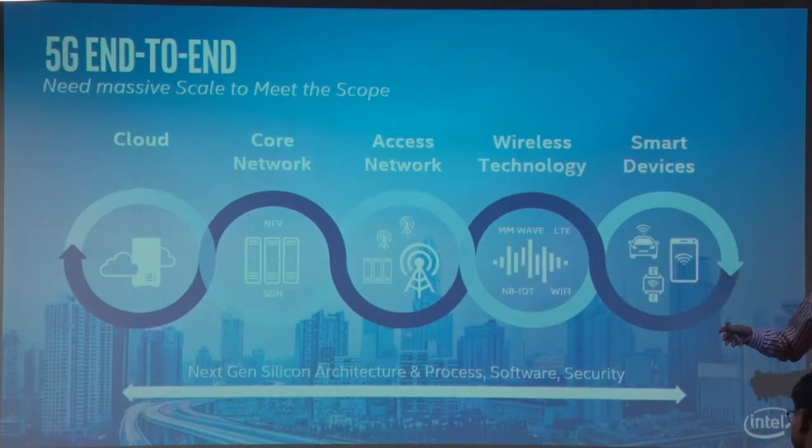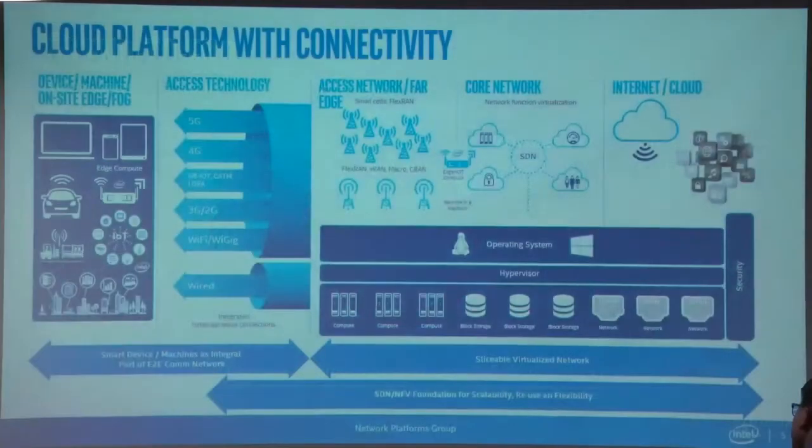Everything is on the table. It's part of the scope of where the implications are and where the innovations are going to need to happen. And essentially, this is what we look at as a key enabler for 5G.